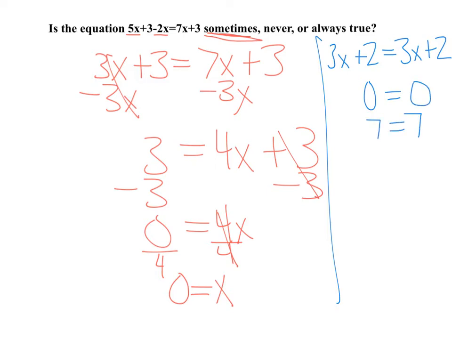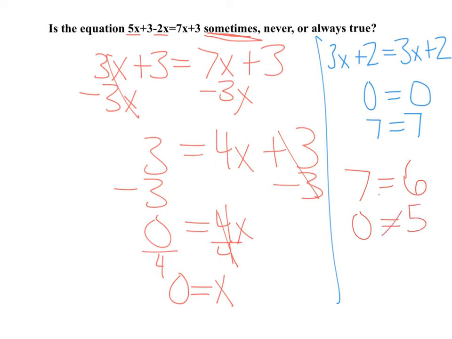Okay, so always true is when I don't have a variable left anymore. It ends up with a number being equal to a number. 0 is always equal to 0. 7 is always equal to 7. So if we get something like that, that's when we say it's always true. And then for it to never be true, that's when we simplify and we end up with something like 7 is equal to 6, or like 0 is equal to 5.